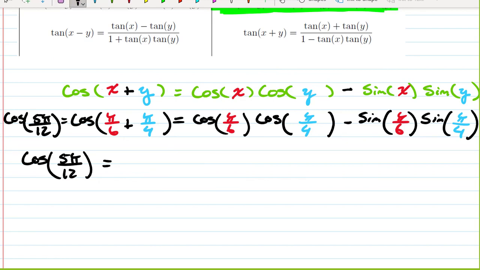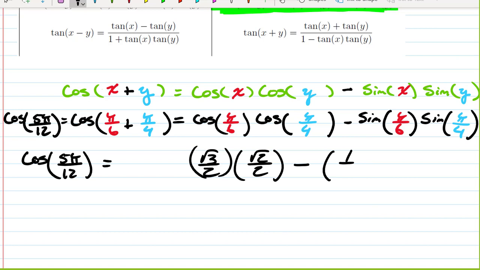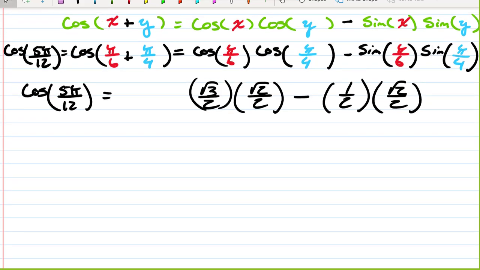So we're going to replace it with what it's equal to, root 3 over 2, times the cosine of pi over 4, which we said was root 2 over 2, minus the sine of pi over 6, which is 1/2, times the sine of pi over 4, which is root 2 over 2.